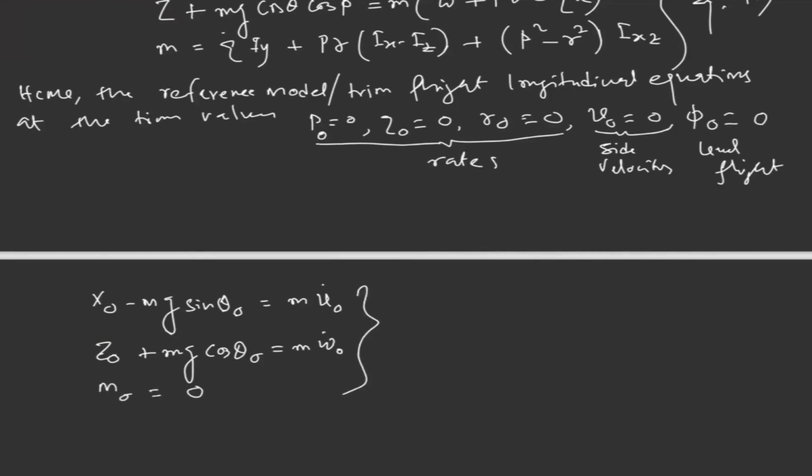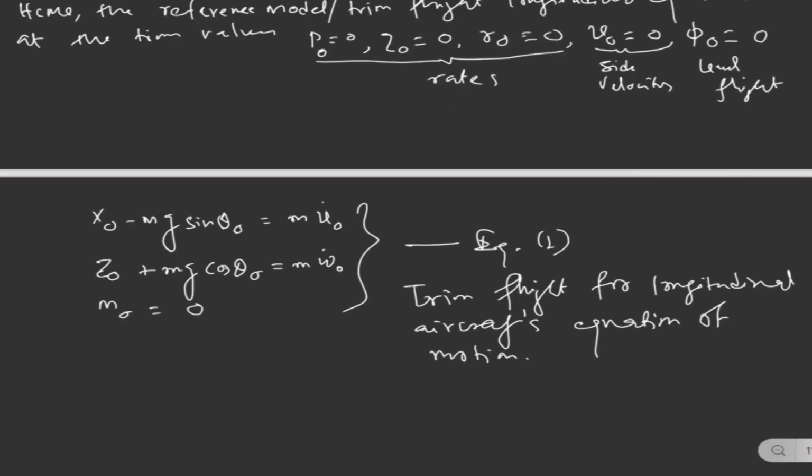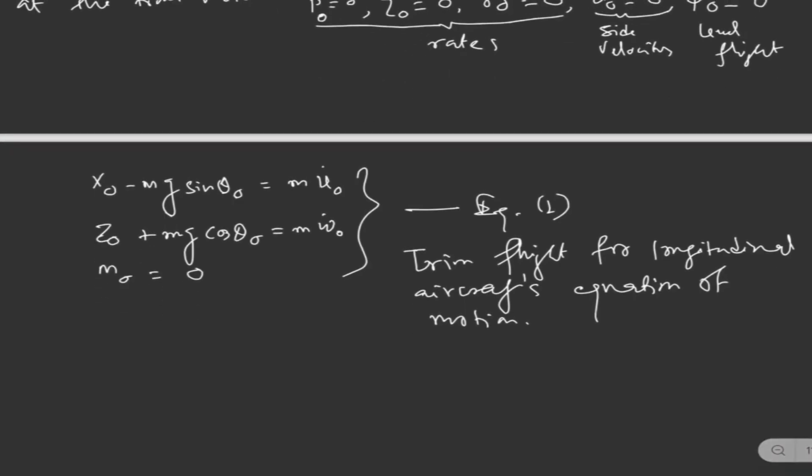So this is equation number 2, the trim flight for aircraft equation of motion.